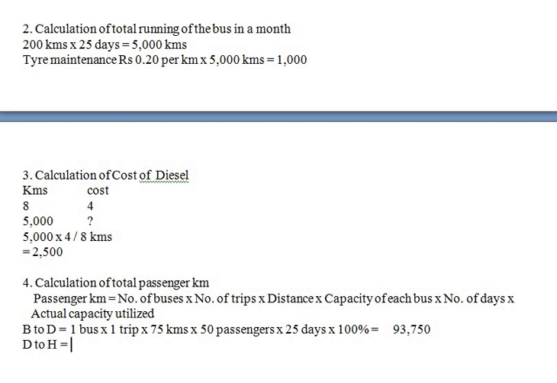Now from Dharwad to Hubli. That is again 1 bus into 1 trip into 25 kilometers into 50 passengers into 25 days into capacity utilized.